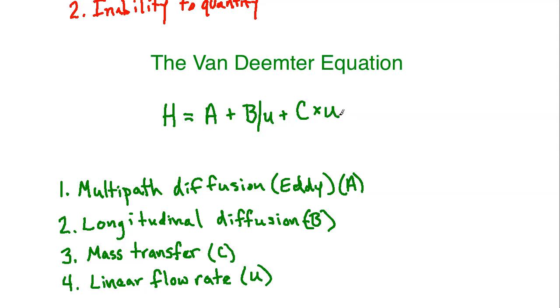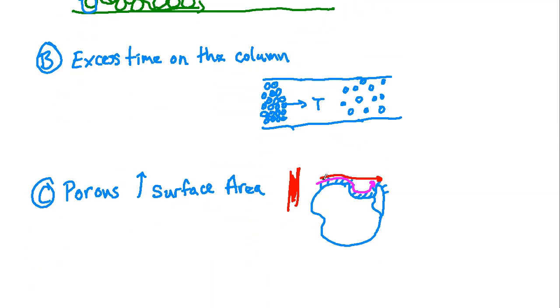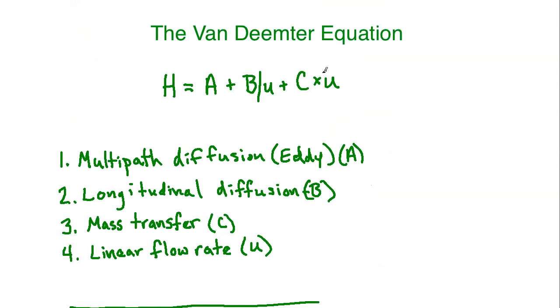So that is to say, if this value right here, your flow rate, is low, let's say 1 milliliter per minute, if it's moving slow enough, then the movement of the red analyte to the purple analyte really isn't going to make a huge amount of difference because the red analyte's not being pushed through that fast in comparison.